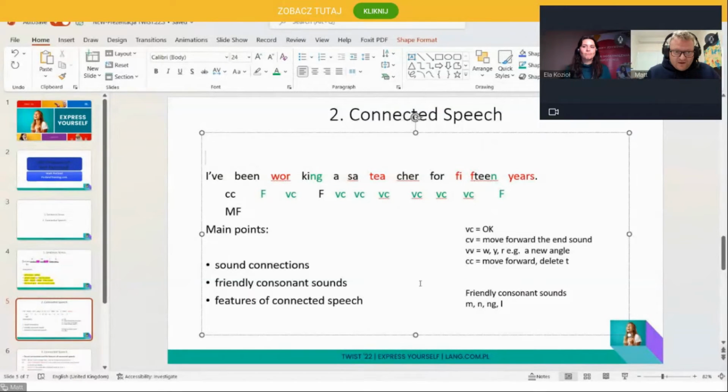I've been working as a teacher for 15 years. But even this difference, like "for fifteen", not "for fif-teen". I can recognize you or someone as not a native speaker just by you saying "fif-teen".